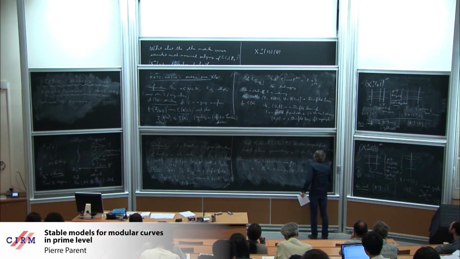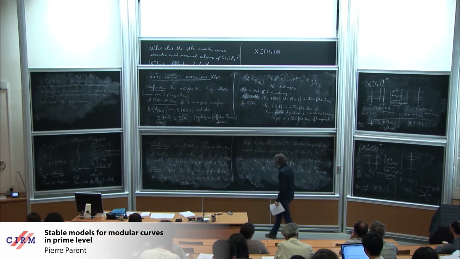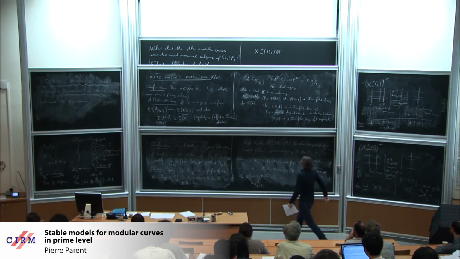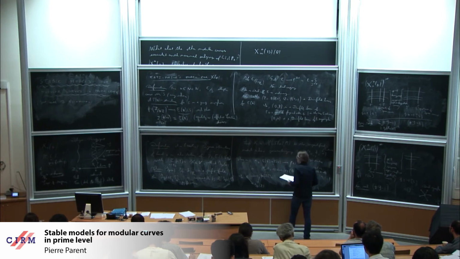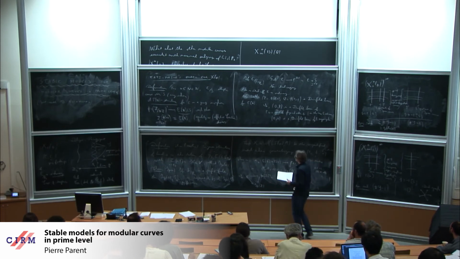And this shows that the curve X is naturally defined over Spec Z[zeta_p]. The structural morphism factorizes through Spec of Z[zeta_p] because of the existence of this Weil pairing. And so it's more natural perhaps to extend the base to Z[zeta_p].